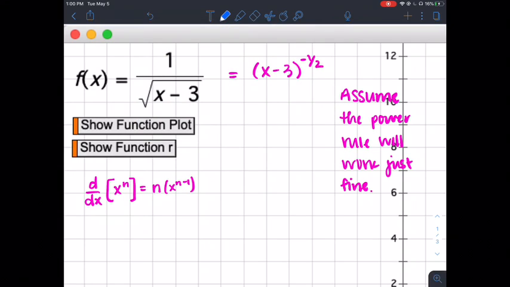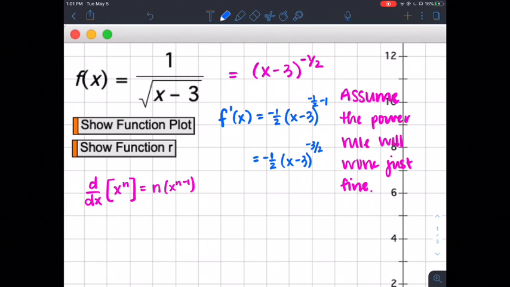So that means f prime of x, my derivative here, is going to equal -1/2 times x minus 3 to the -1/2 minus 1. Or, cleaning that up a little bit, -1/2 times x minus 3 to the -3/2. -1/2 minus 1 is -3/2.